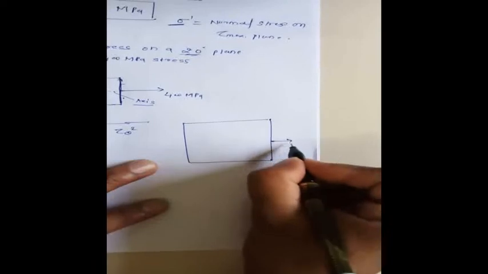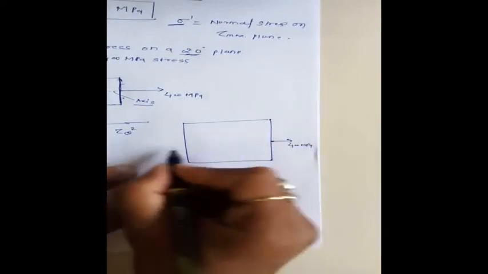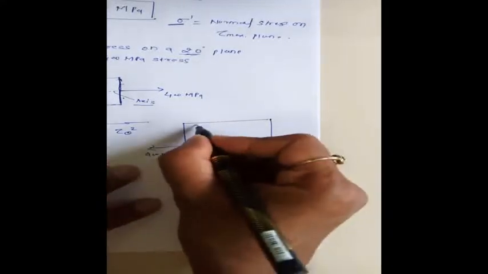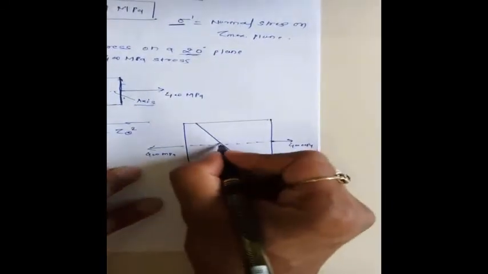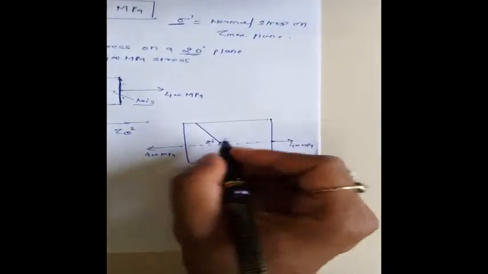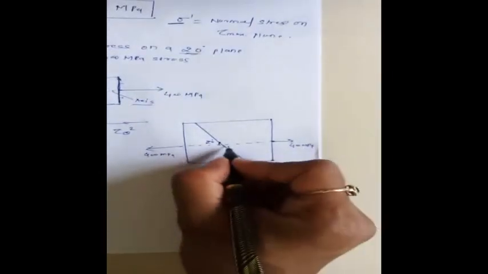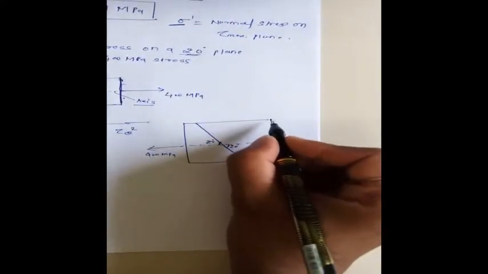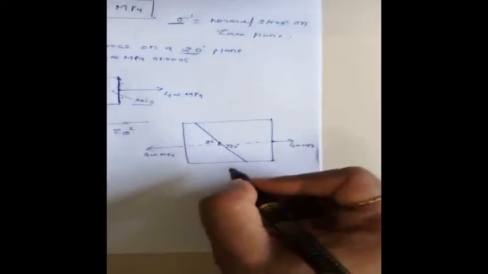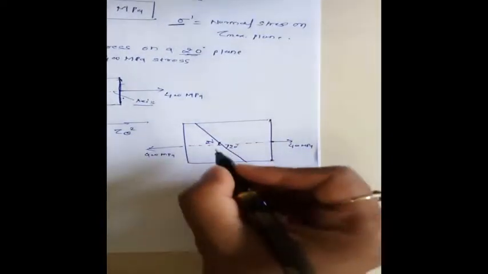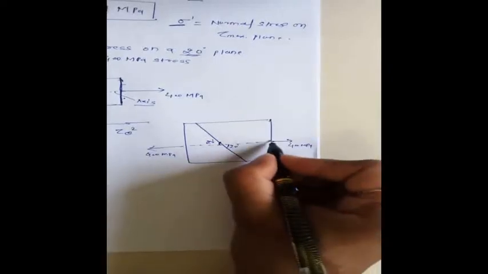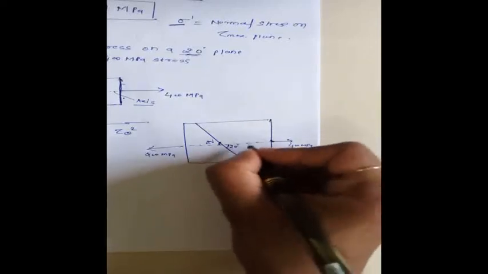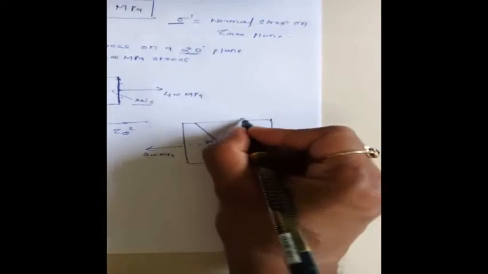If it is the 400 megapascal, and from it is the axis, a 20 degree angle is made from this axis. Our primary aim is to find the angle of the plane from the reference plane, how much angle it tilts. This is our reference plane. We shift this reference plane here because it is parallel, so I can shift it here.